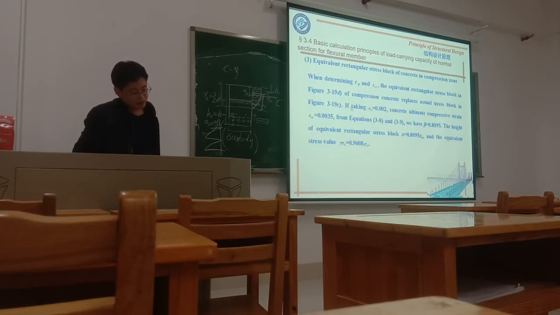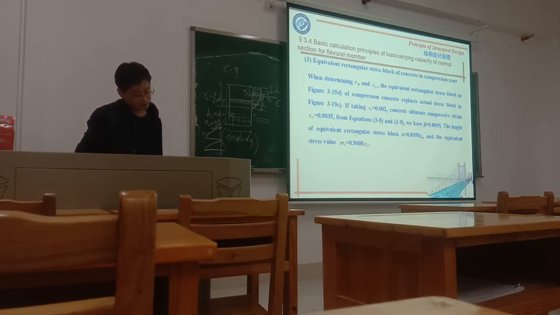So normally, if we take epsilon 0 equal to 0.002, along with the ultimate compressive strain equal to 0.0035, then from this equation we can get beta equal to 0.8095.